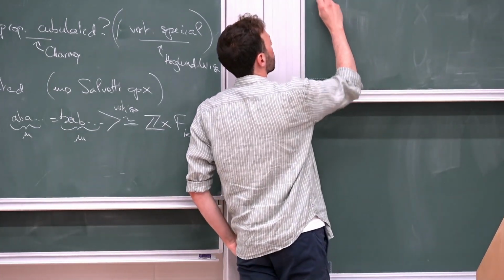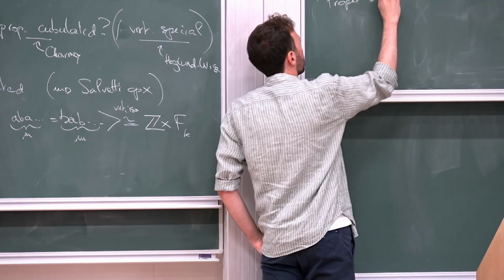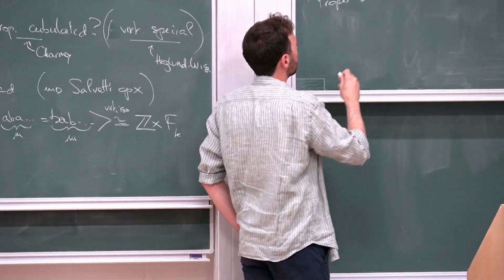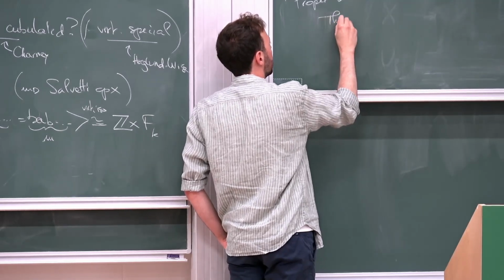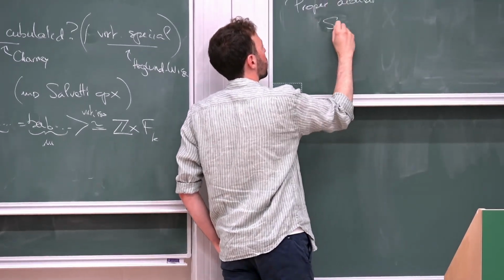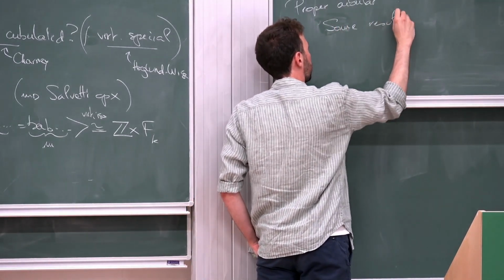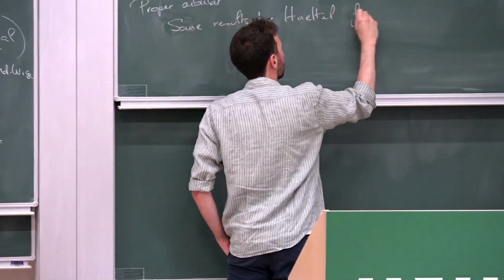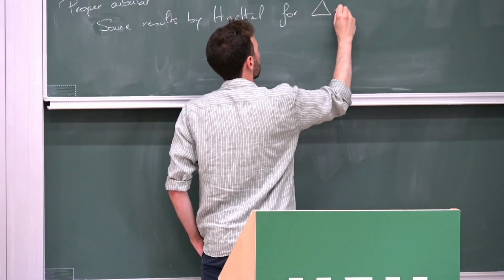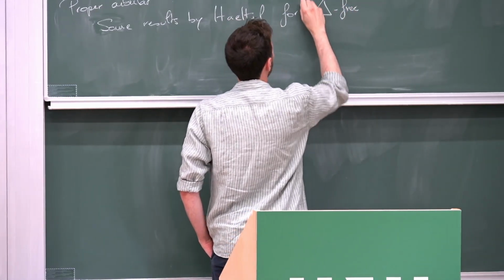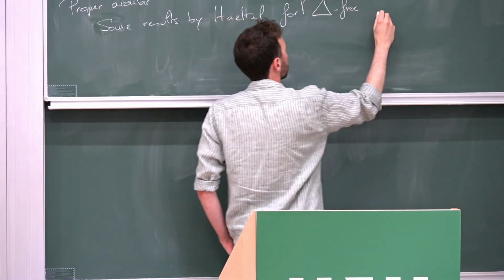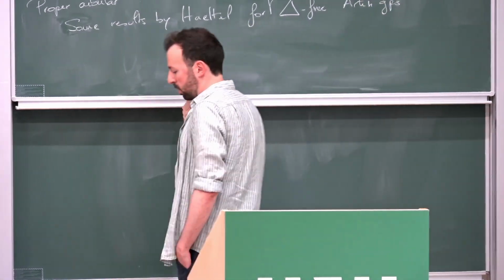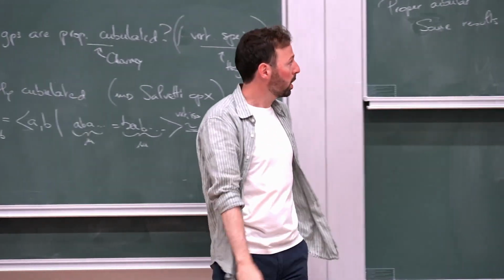So what about proper cubulations? There were some results by, again, Thomas et al. for what's called triangle-free Artin groups, not all of them, where you construct an explicit proper cubulation.